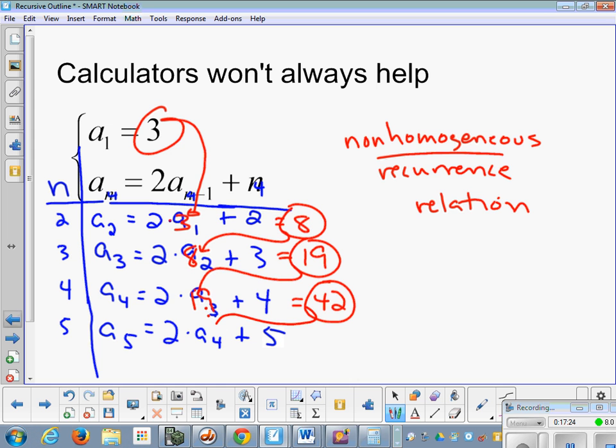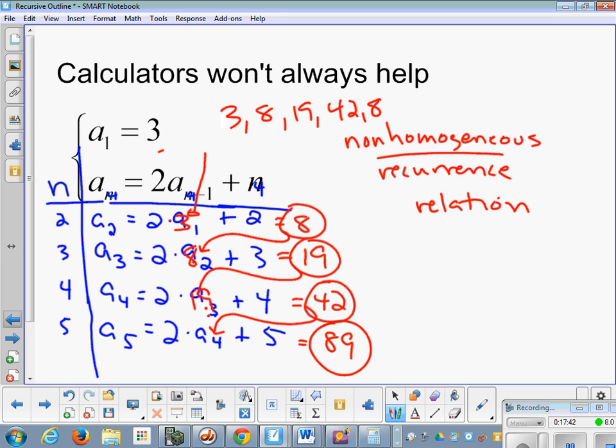And I can take my 42 and plug it in here. 2 times 42 is 84, plus 5 is 89. So now I have my sequence. Okay, put this all together. 3, 8, 19, 42, 89, dot, dot, dot.